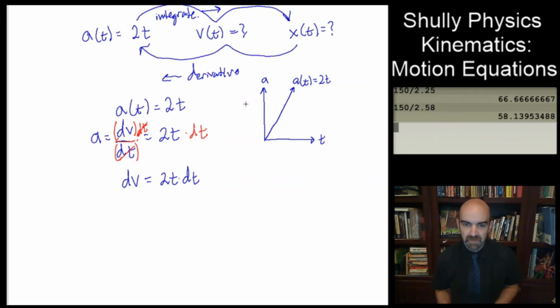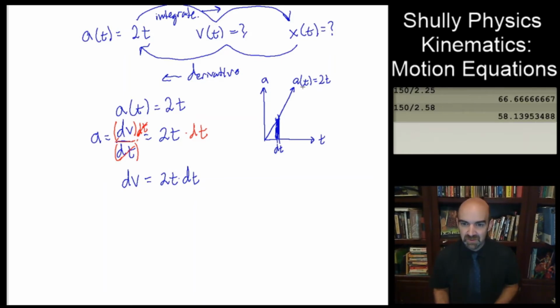If we plotted this out, what we're really looking at is an instant, a really small piece. What is this little piece here? We're multiplying a, which is 2t, by a small little change in time, a little dt here, and that gives us a little slice, a piece of an area.